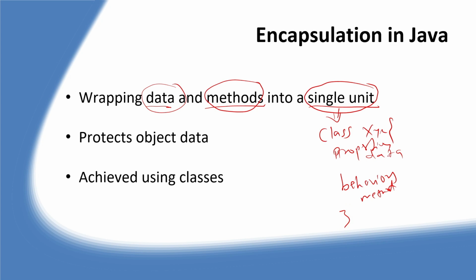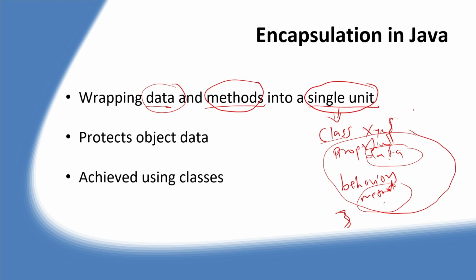Wrapping up this data and these methods into a single entity, which is called a class, is encapsulation. We are encapsulating these things into a single entity, which we call a class.